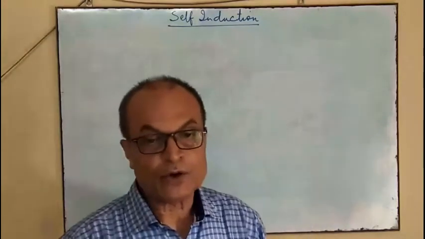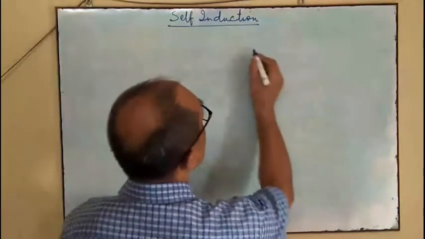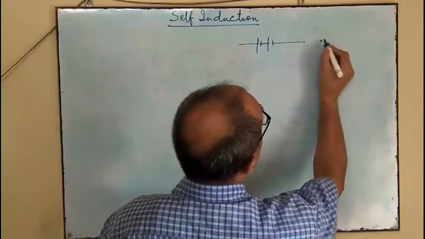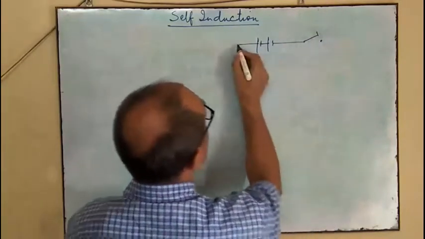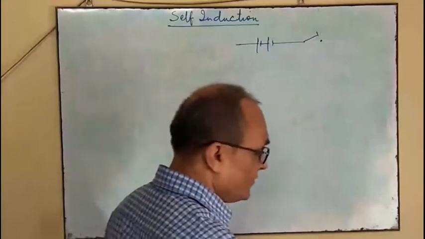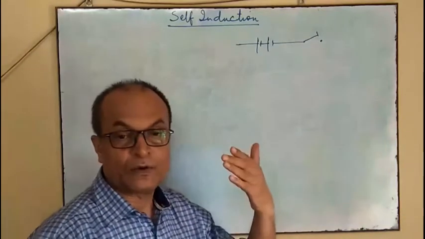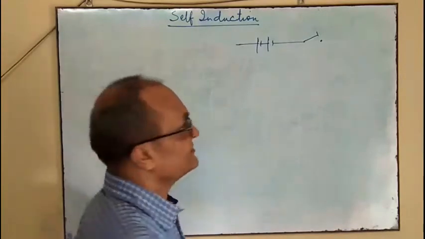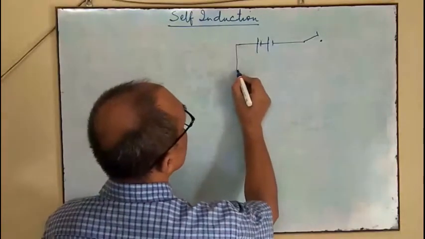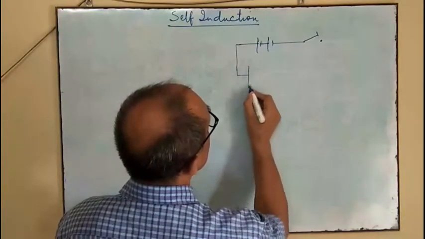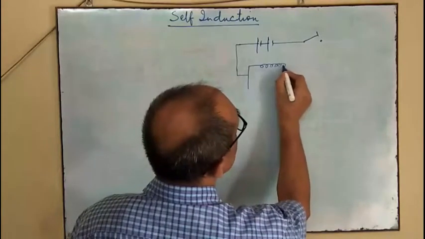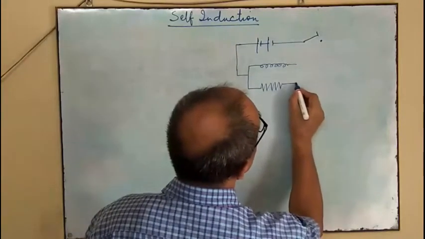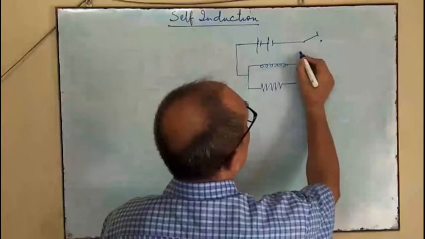I am going to show one experiment here. We will add one coil, just like a solenoid, that is the inductor, and a resistance in parallel, and through each a bulb is connected.